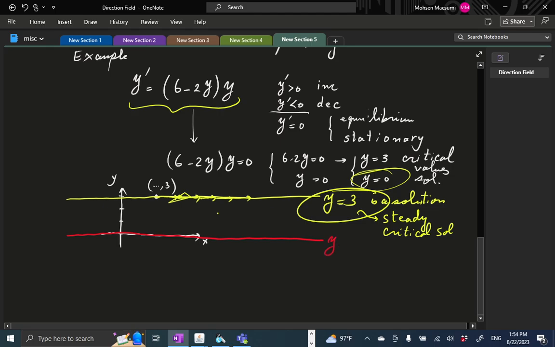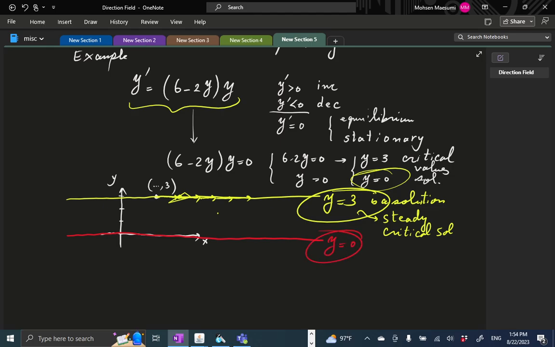So this is y equal to 0. So this differential equation has two steady solutions. One is y equal to 0 and the other one is y equal to 3. So if I'm on this line, I'm forever stuck at that line. If I am on the yellow line, I'm forever stuck at the yellow line.